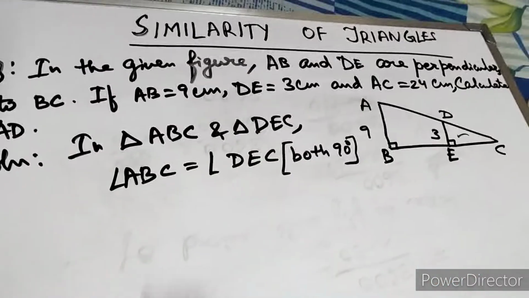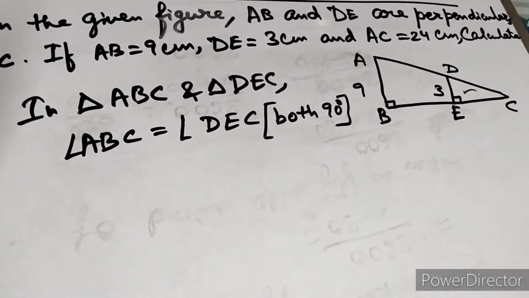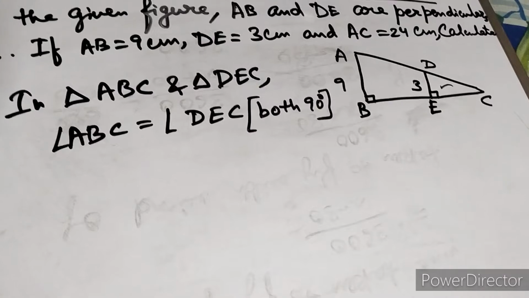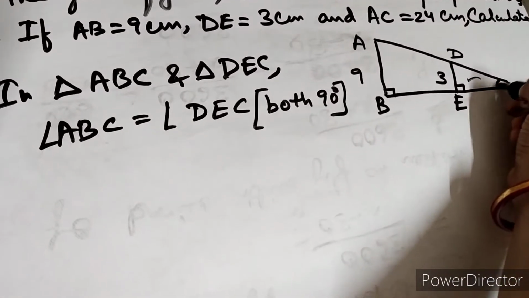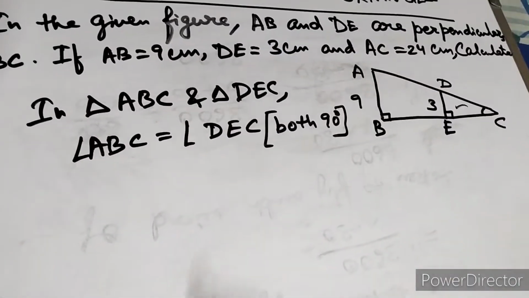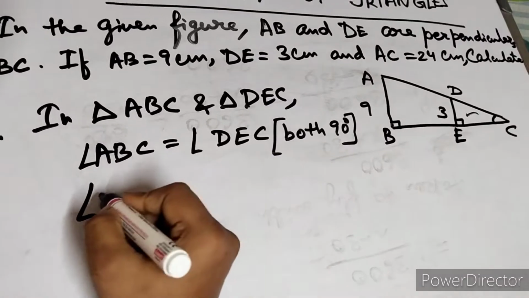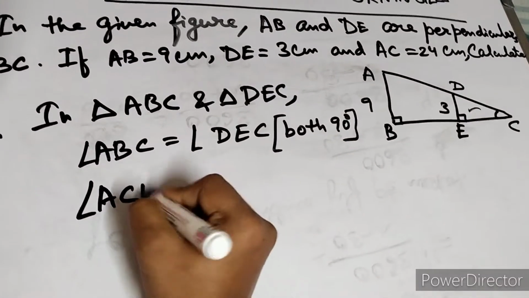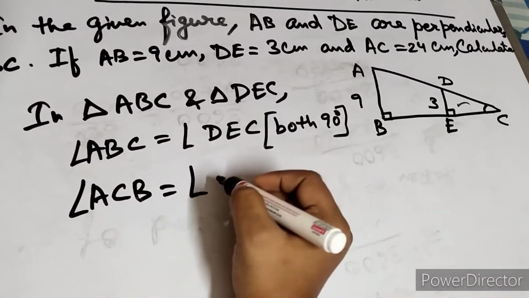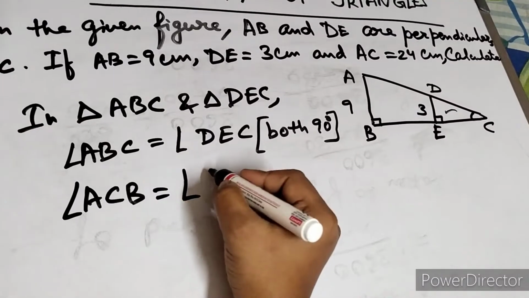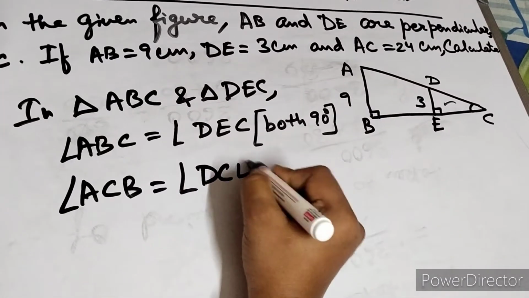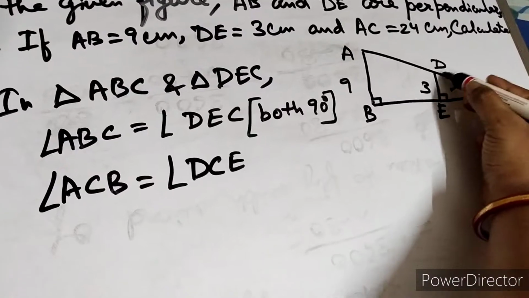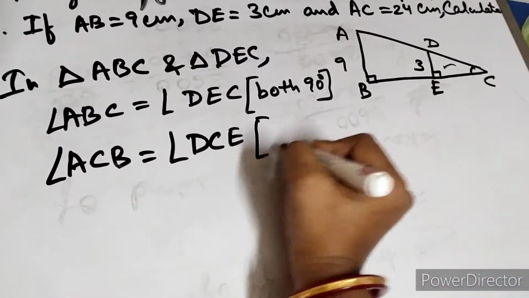It's given in the question, right? Another one, what is common is this angle, common to both the triangles. See, angle C, angle ACB equals angle DCE, isn't it? This angle DCE, common angle.